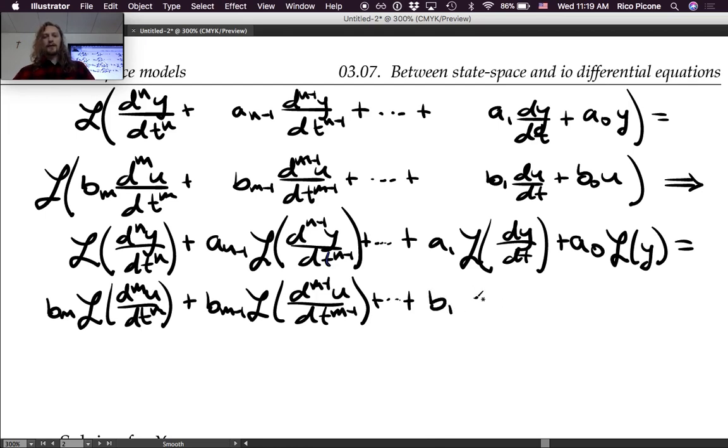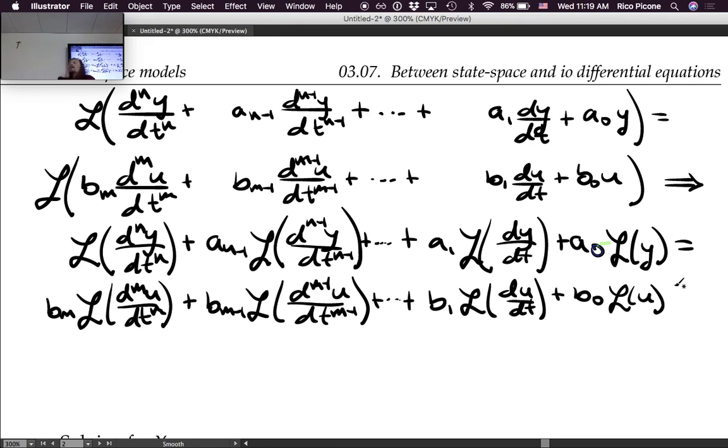B1 times the Laplace transform of du/dt plus, this last one doesn't, so b0 and the Laplace transform of u. Okay. Whew. It's just a lot of writing, but the concept's pretty straightforward, right? Let you guys catch up.